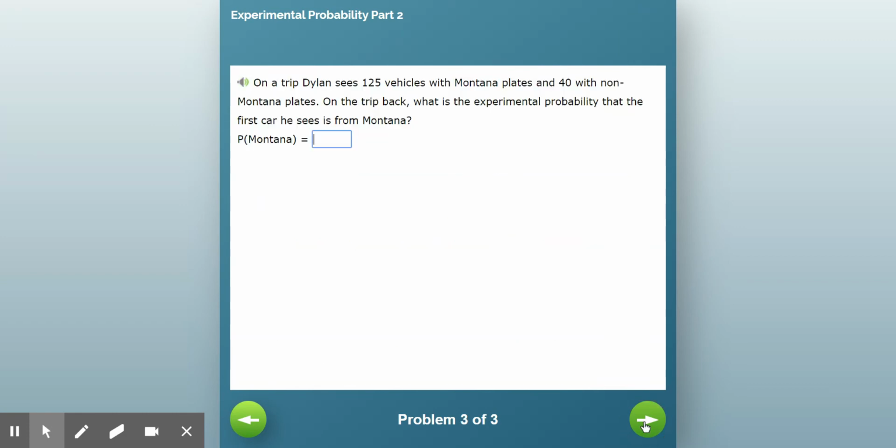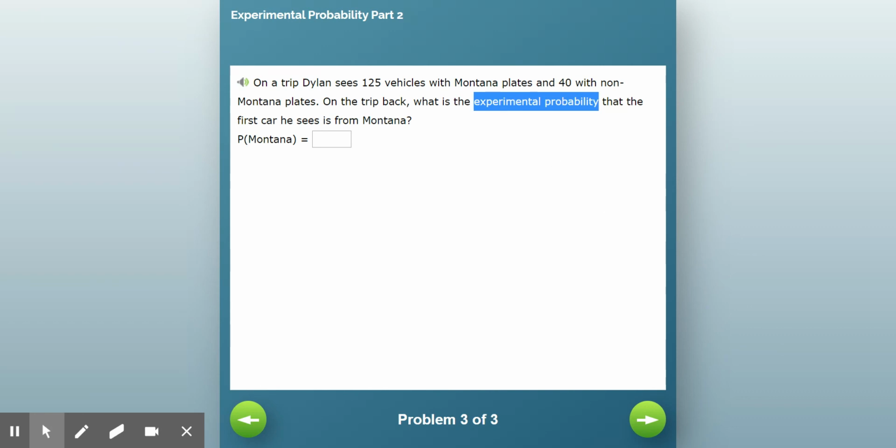So on a trip, Dylan sees 125 vehicles with Montana plates and 40 with non-Montana plates. On the trip back, what is the experimental probability? So that's important. Experimental probability that the first car he sees is from Montana. Well, experimental is what did happen. So I want to know the number of cars he saw and how many of them were from Montana.